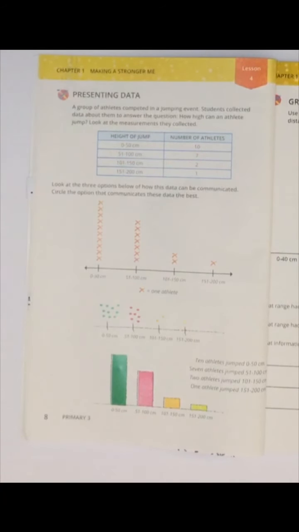We have 10 athletes jumped between 0 to 50 centimeters, 7 athletes jumped between 51 to 100 centimeters, 2 athletes jumped between 101 to 150 centimeters, and only 1 athlete jumped between 151 to 200 centimeters.